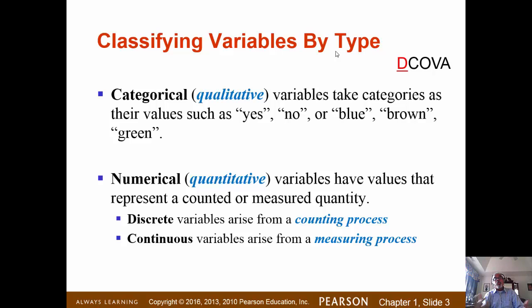It doesn't mean a category, but it means something. Okay. And there are two ways in which you can have numerical variables: a discrete variable and a continuous variable. Discrete variable is one where the values are determined by counting something. For example, if you have a variable that says how many items did the customer buy, okay, so that would be 0 or 1 or 2 or 3.